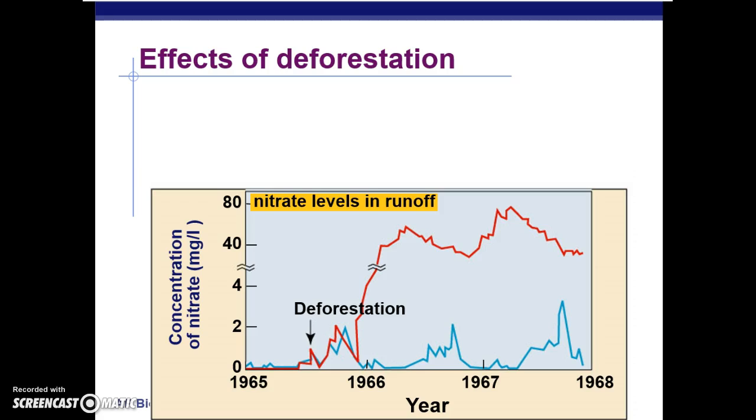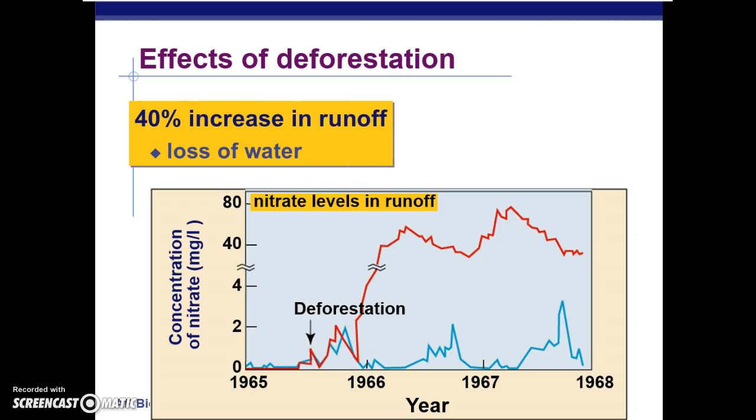So this is just a graph showing the effect. We end up with a 40% increase in runoff of water. So that water, again, is not being pulled into the roots of a tree system.